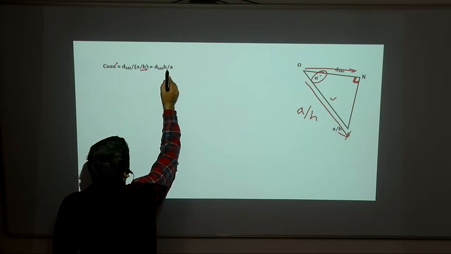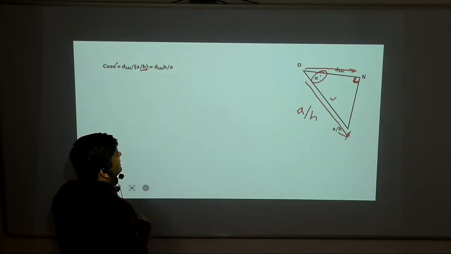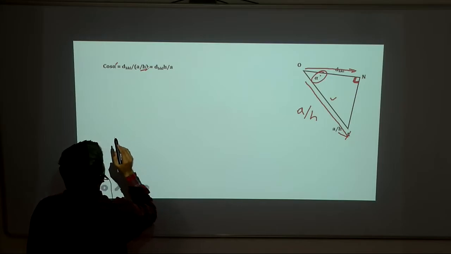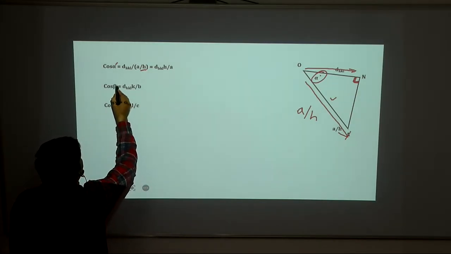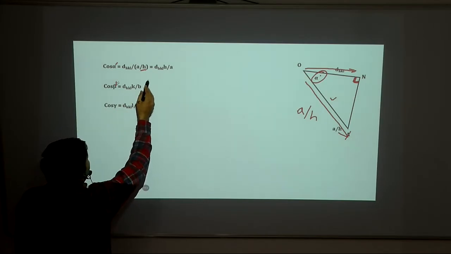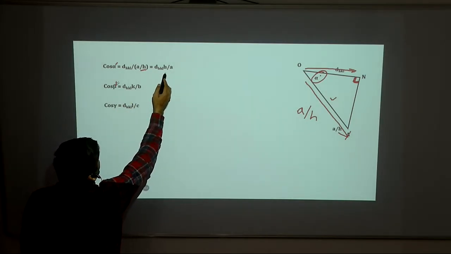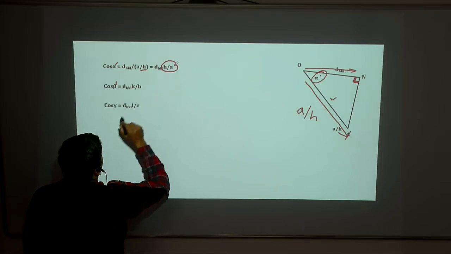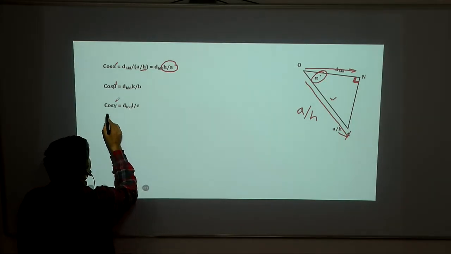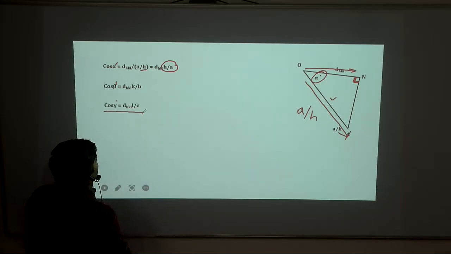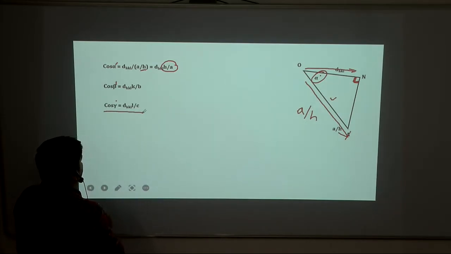Similarly we can find out cos beta dash and cos gamma dash. Cos beta dash is d_hkl into k upon b, as only these two parameters change, and similarly cos gamma dash will be equal to d_hkl into l upon c.